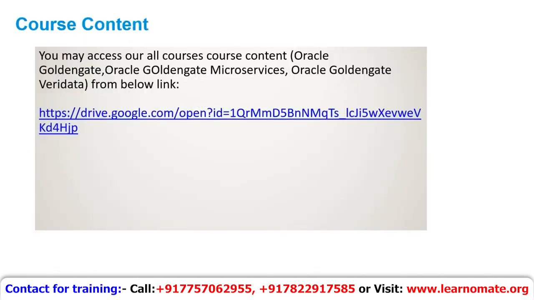The way GoldenGate works is similar whether you're working on classic architecture or microservices architecture, and whether you're on 19C or 21C. 21C is the latest feature version of GoldenGate, but there are only a few features added, which I'll be discussing.